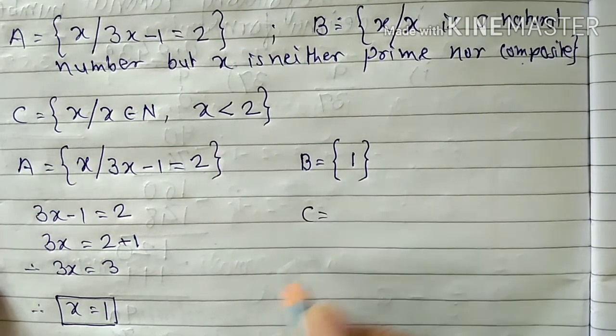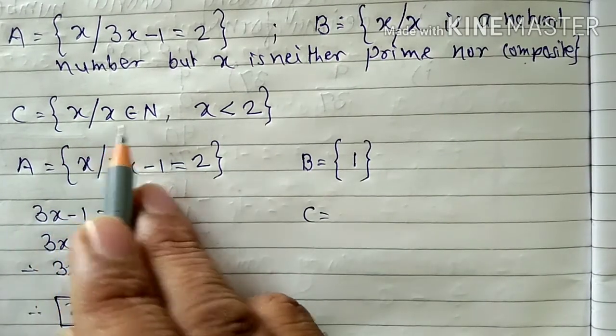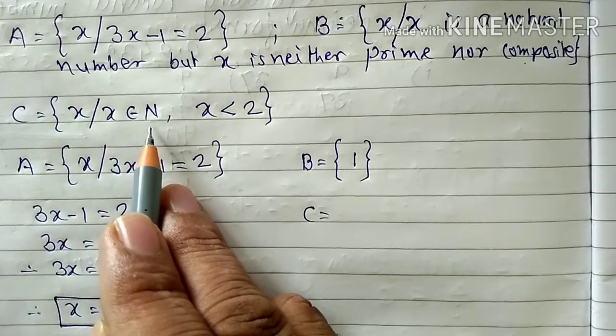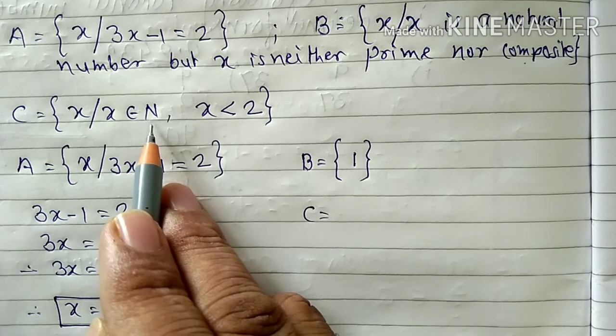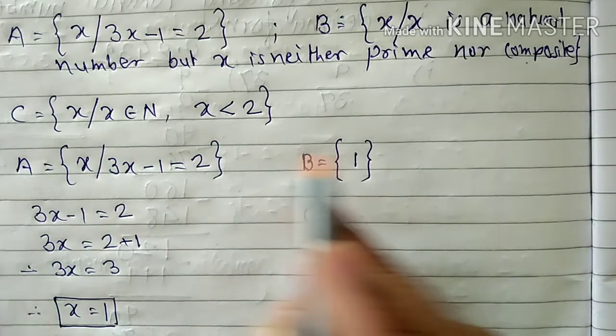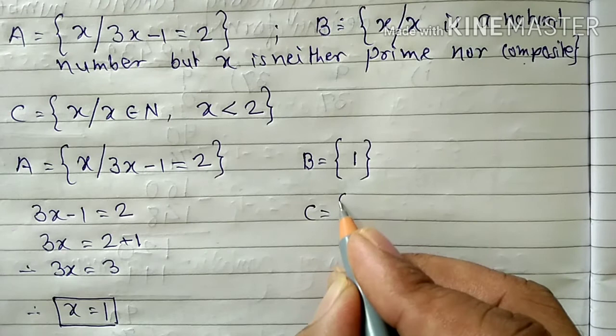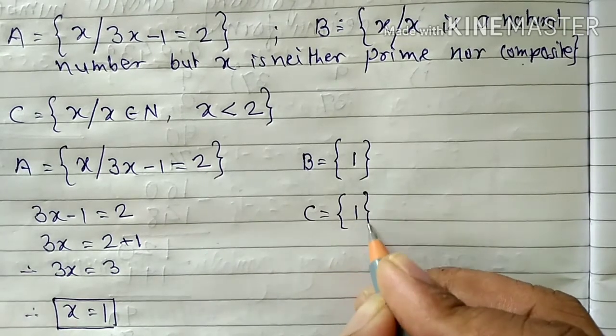And let us see the C. C is a set of x such that x belongs to natural number. Natural numbers start with 1, so natural numbers are 1, 2, 3, 4 and up to infinity. But x must be less than 2. Less than 2, that means it is just 1.